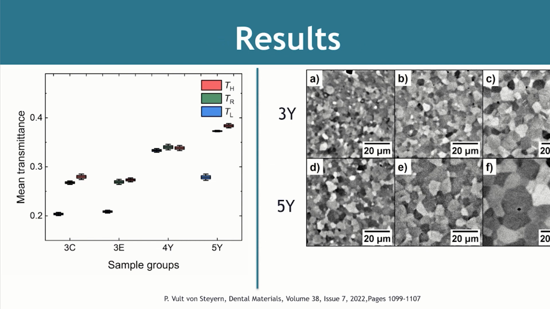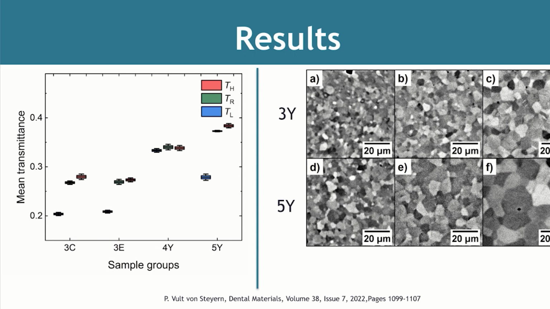Comparing the crystallite size of the different yttria concentrations and the different sintering temperatures, it seems that if you, for instance, look at the 3YC panel, the crystallite size is somewhat comparable to the 5YD panel. We also see that the transmittance of these two materials is somewhat comparable. Although the phase composition is important for the transmittance, it is definitely also important to evaluate the grain size here.